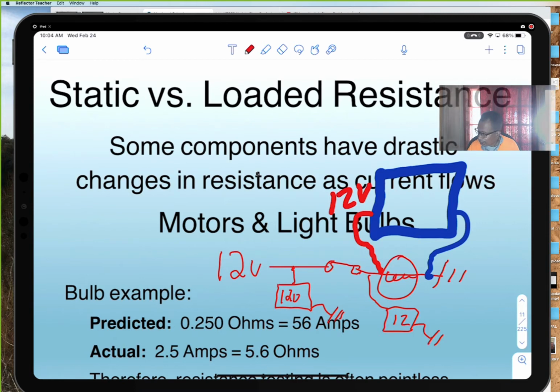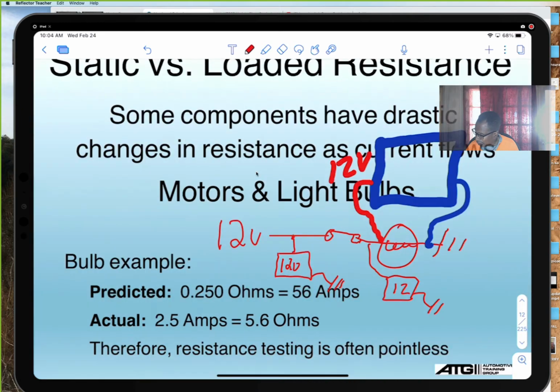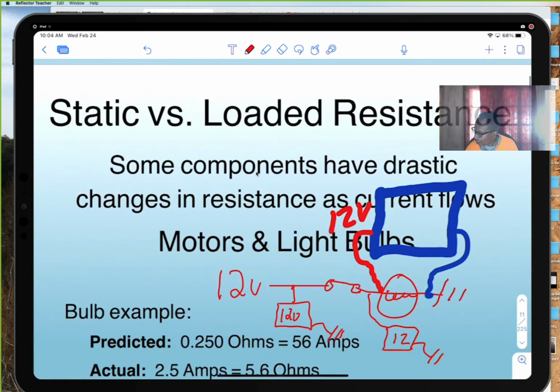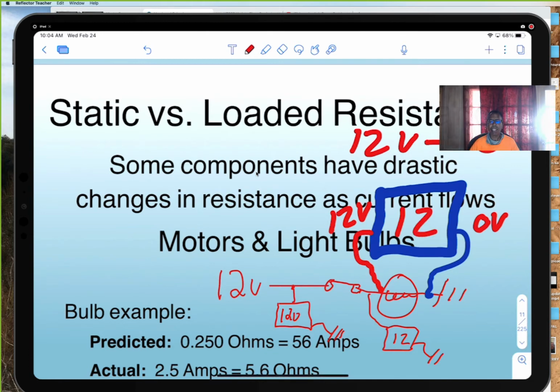Yes, sir. It's before the load. Right. And on the other side, after the load, we're going to have what? 0 volts. So what's the differential? 12 minus 0 is 12. And you're going to show me the difference. That's what they mean by pressure differential.